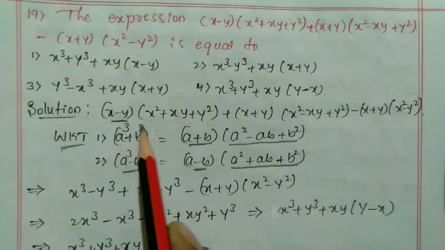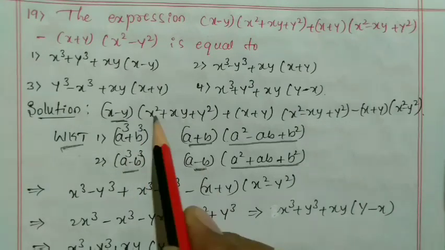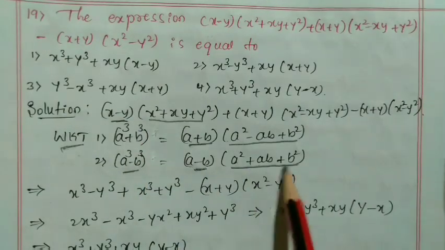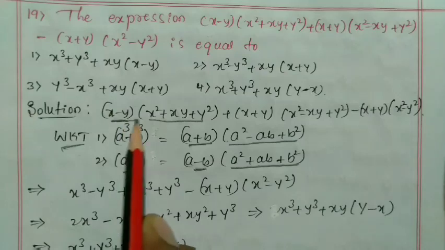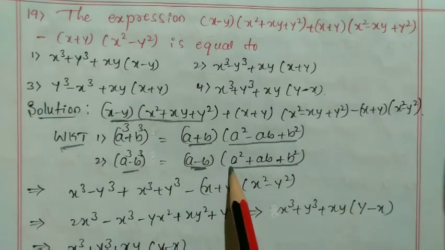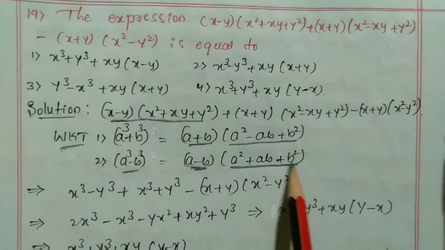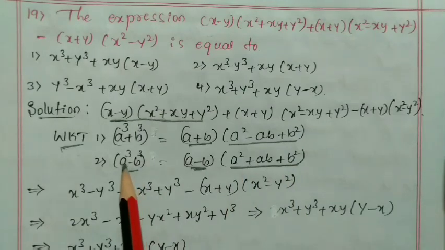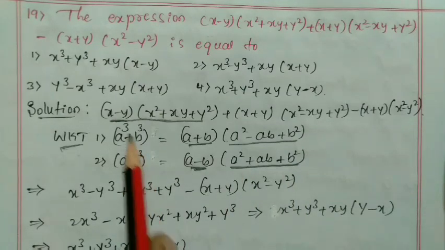So this is in the form of a minus b into a square plus ab plus b square. So this is equal to a cube minus b cube.